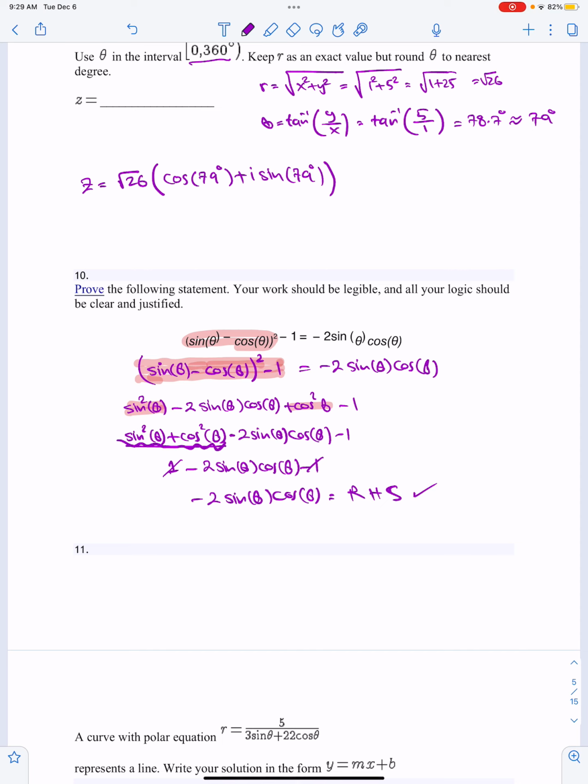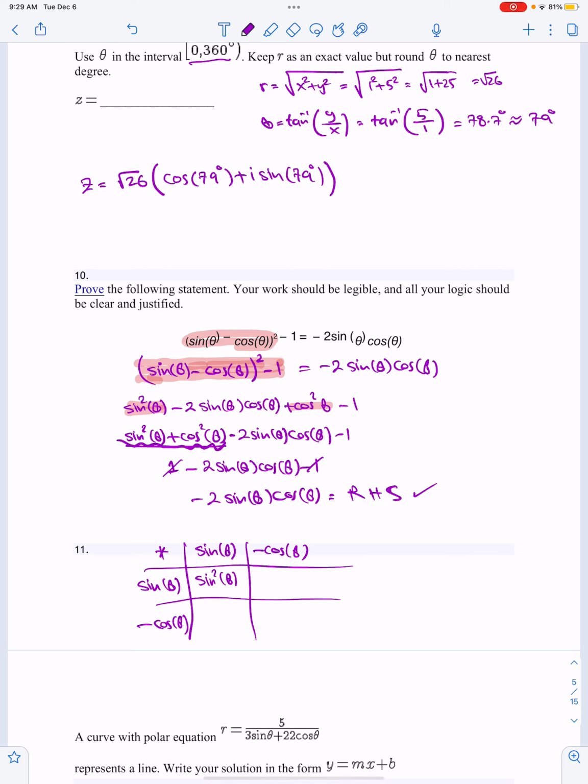To FOIL, sometimes I use the box method if you don't know how to FOIL immediately. So I have sine theta here, minus cosine theta, and I have sine theta here, and then minus cosine theta here, and then I will do the multiplication of the grid. Sine times sine is sine squared. Sine times negative cosine is negative sine theta cosine theta.